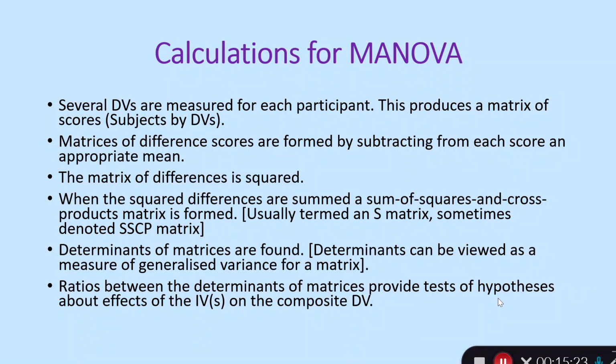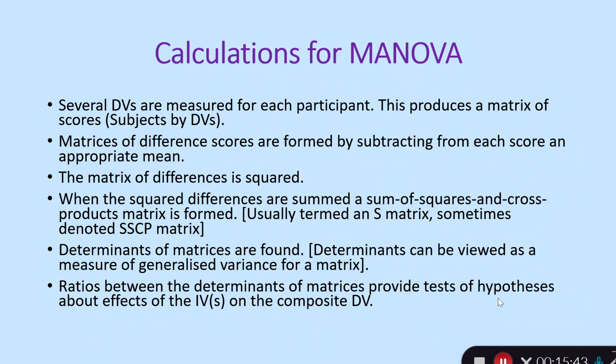So we take our scores on the DVs for each participant and create a new matrix of differences by subtracting the mean on each of the dependent variables from each participant's score.